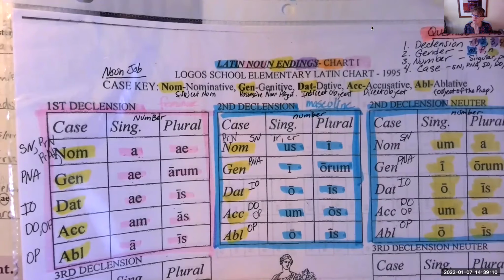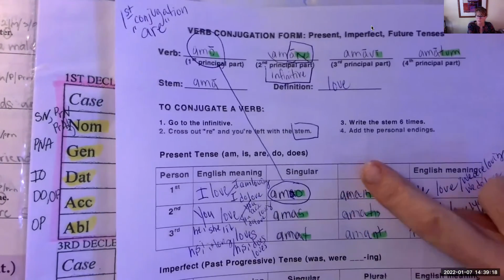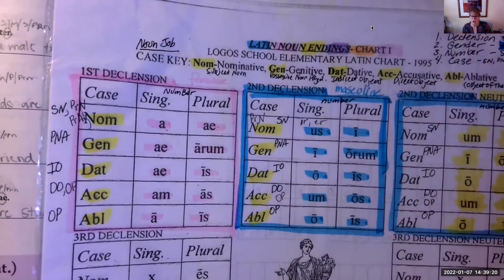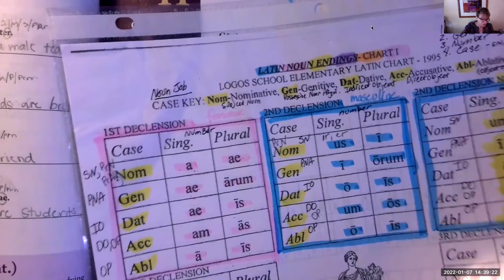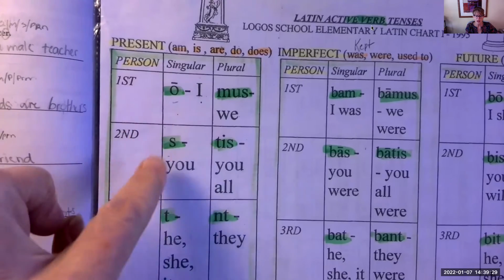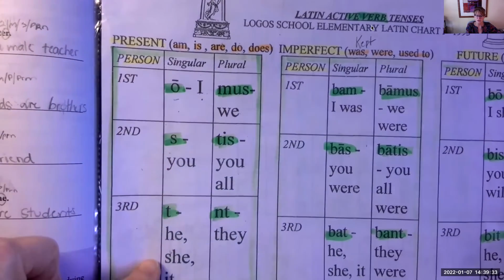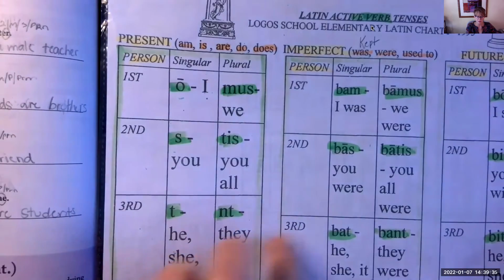Each chapter, the student is going to decline all nouns, and they're going to conjugate all verbs. That's every chapter. In addition, you're going to review your endings. And so with the verbs, you're going to go o, s, t, mus, tis, nt: I, you, he, she, it, we, you all, they.